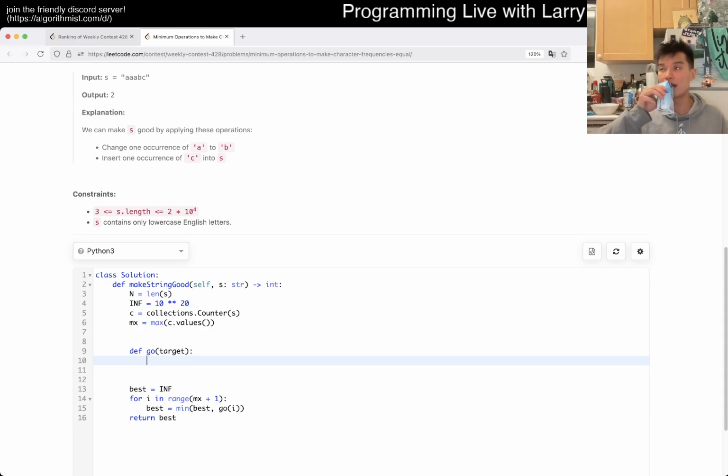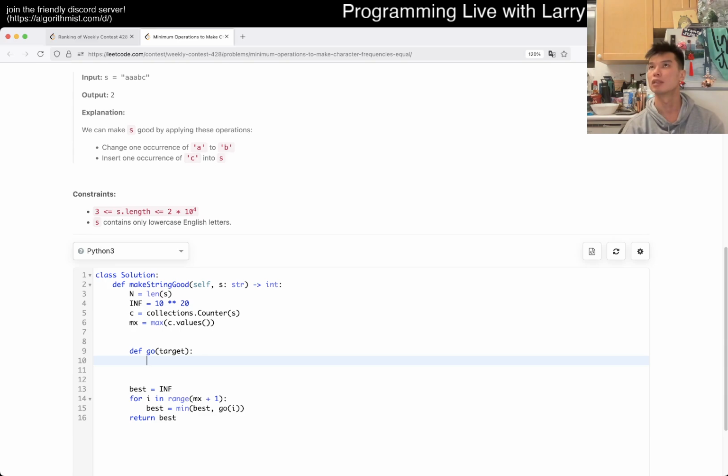Carryover could be up to max, so it's 20,000. Do we always want to be greedy? I guess so, right? Do we always want to be greedy? But also it may be 20,000 squared, which is not fast enough.